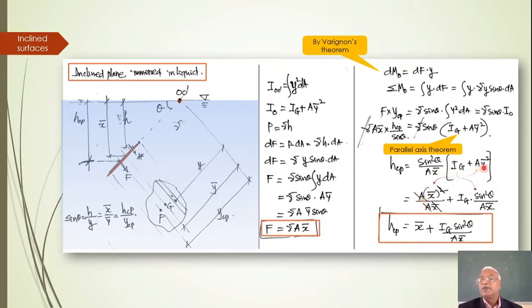I have written Y bar sin squared theta as X bar. So A X bar squared divided by A X bar, that becomes X bar. And then I G sin squared theta by A X bar remains as I G sin squared theta by A X bar. Here there was a bit of trouble, but I think while studying this, there shouldn't be any difficulty.